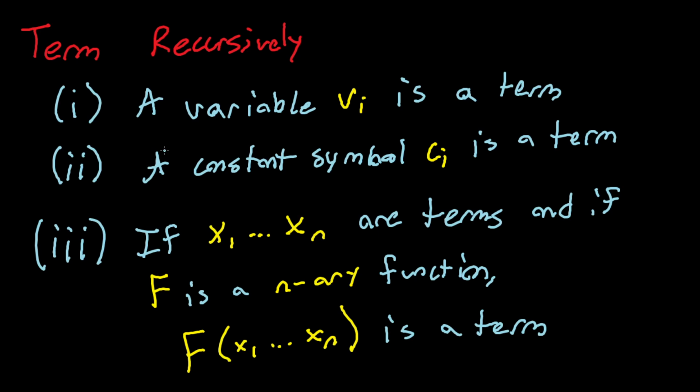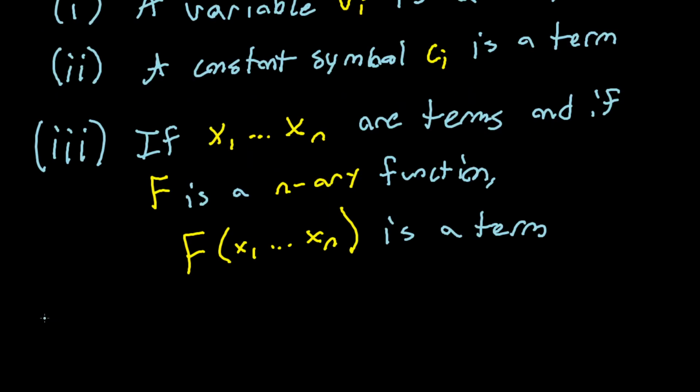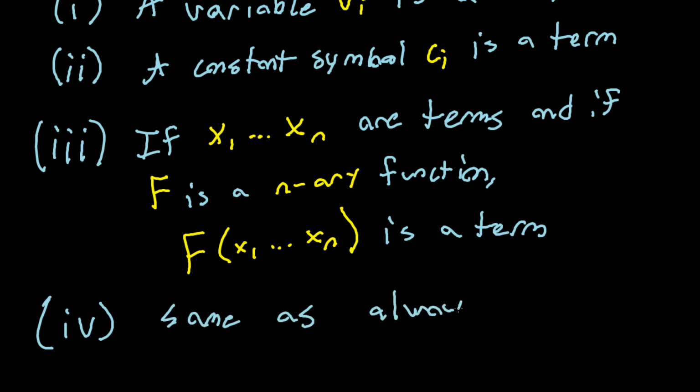Okay, and then finally, bullet point 4 is same as always, and I won't write it down. It's the same one as always, that terms are exactly the things I can create with this recursive definition. So I'm claiming this is exhaustive.